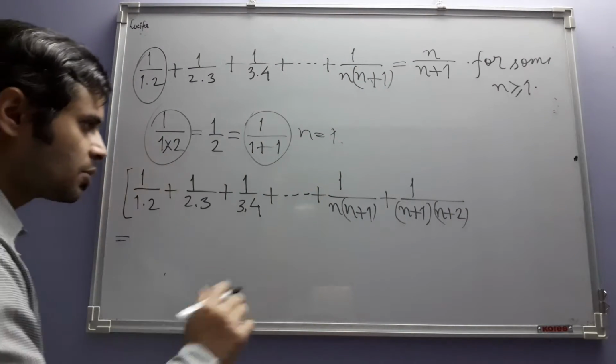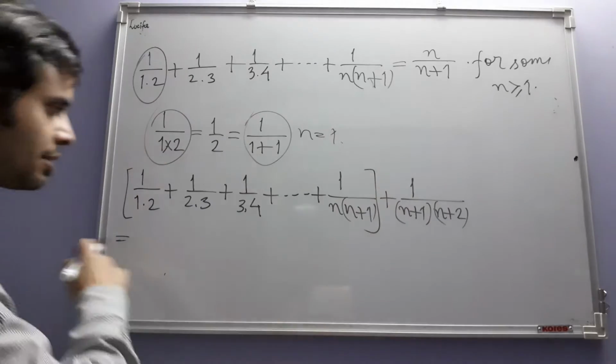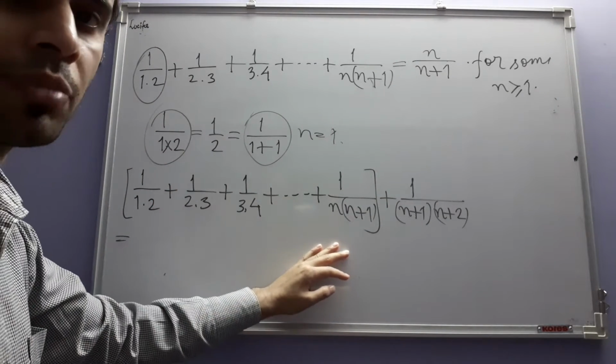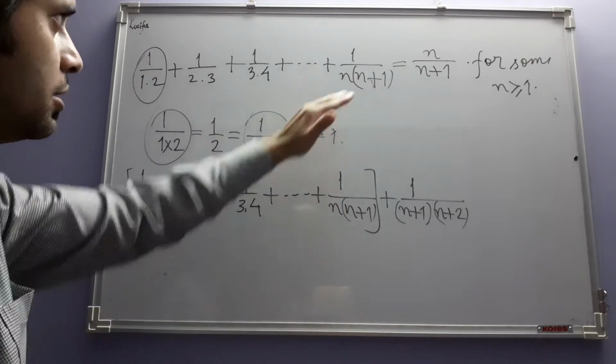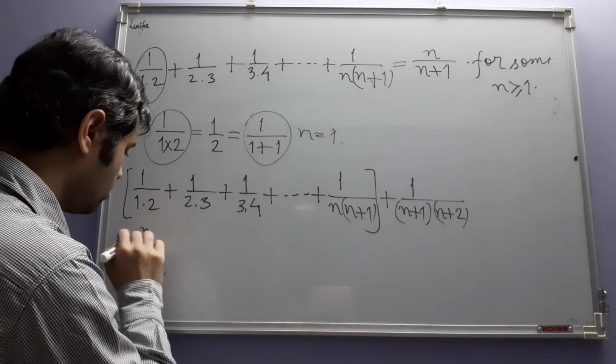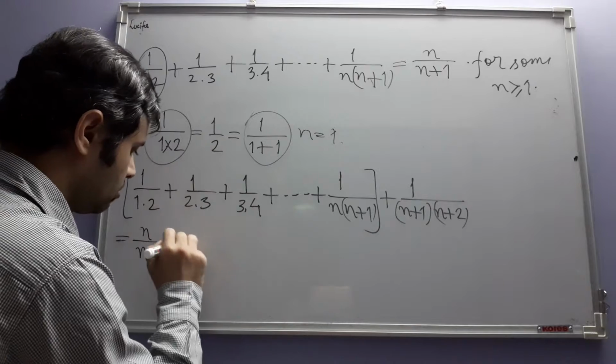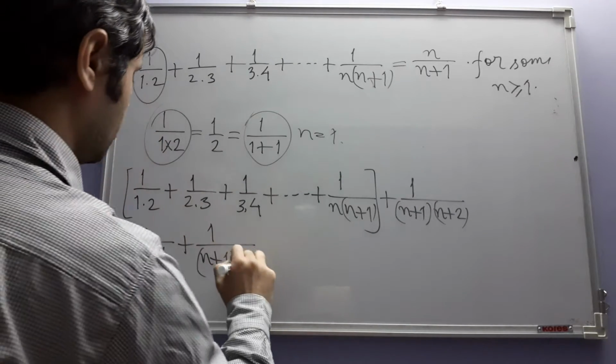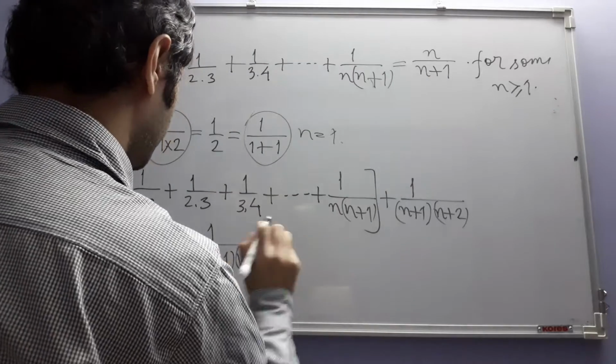So by now you can see that it's following the same pattern. Okay, you use this formula here, n plus 1 times n plus 2.